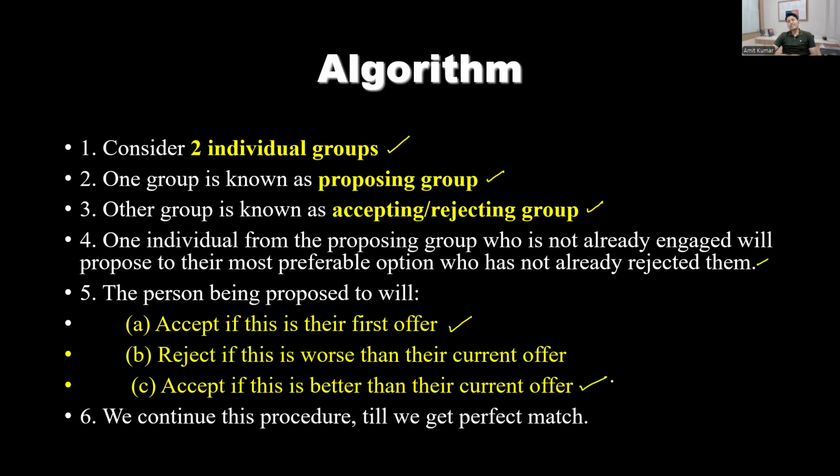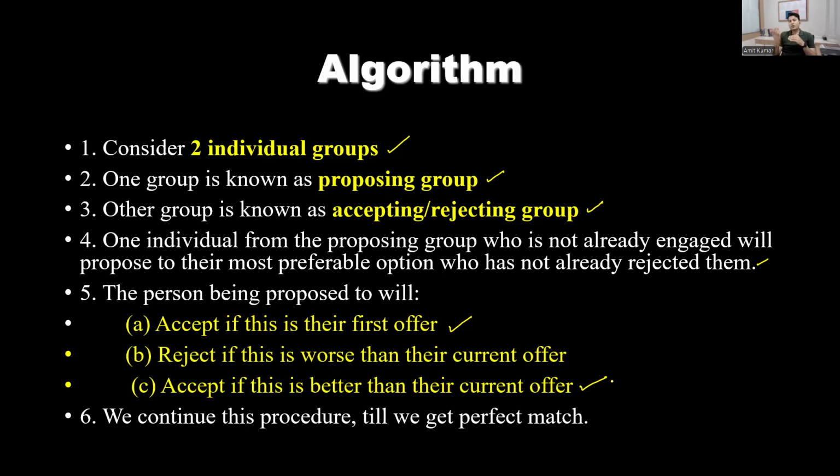So overall, it means we will start from the proposing group to the accepting or rejecting group. The proposing group will exercise their first choice first. The first choice goes to that individual, and if that individual is not engaged anywhere until now, the proposal has to be accepted. If he is already engaged somewhere, but the option is better than the current one, he or she has to accept that option.